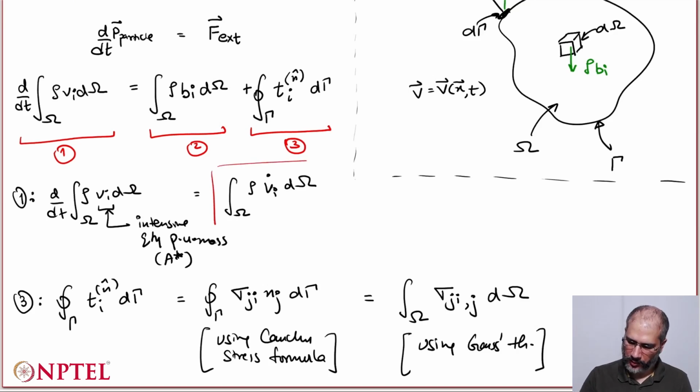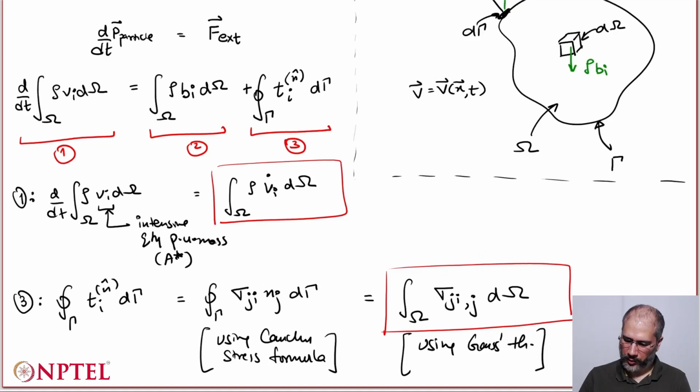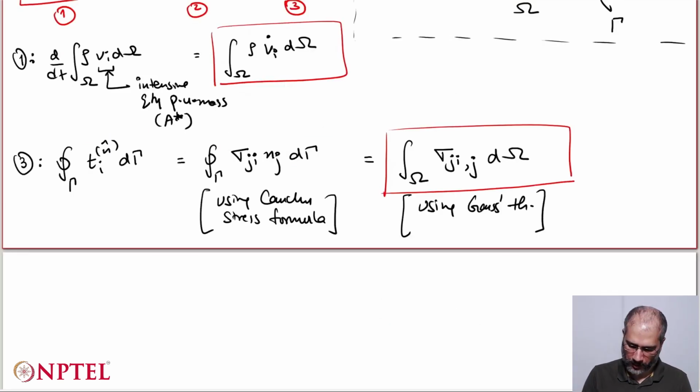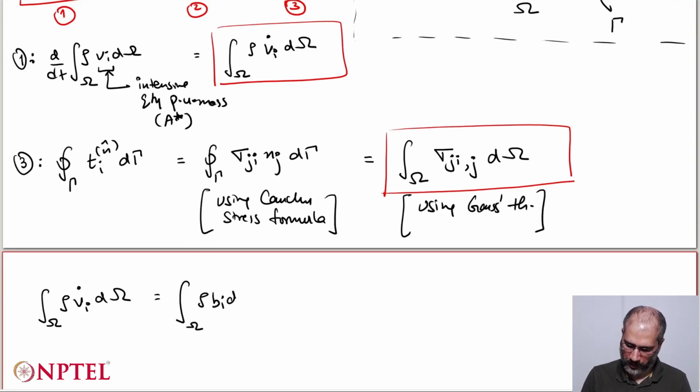So we have these simplified expressions. Let us put them back into the main equation. We have the integral over omega of rho v i dot d omega equal to the body force term, that was rho b i times d omega, plus the third term, which is sigma ji comma j times d omega.